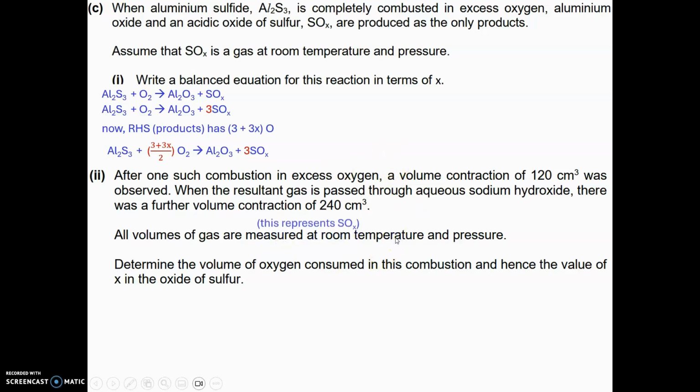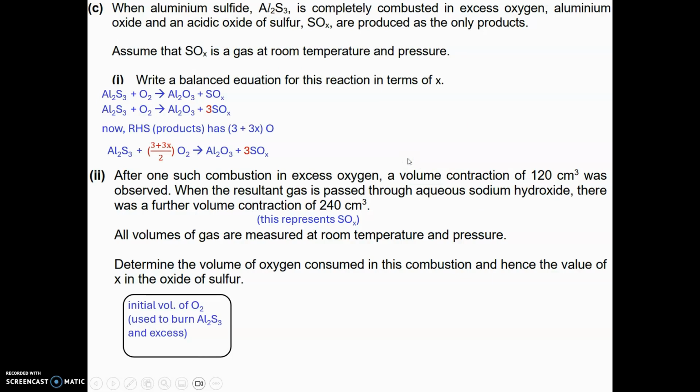So first you must know that this volume contraction of 240 cm3 represents the volume of SOx formed in the experiment, because SOx is mentioned to be acidic, so it reacts with the alkali sodium hydroxide. So we need to track the volume of gases before and after the reaction.